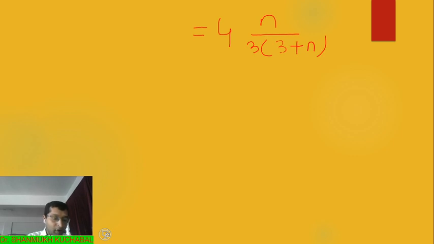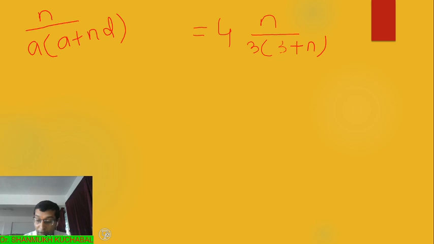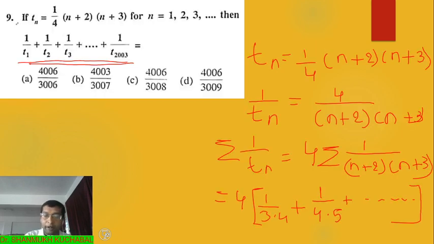We have used a formula. See, last class we have discussed n divided by a into (a plus nd). Last class we have defined. If you have not seen it, just see that video. This formula I have defined using the formula 1 upon a into (a plus d). Here the number of terms n we don't know, and we observe that a equal to 3.